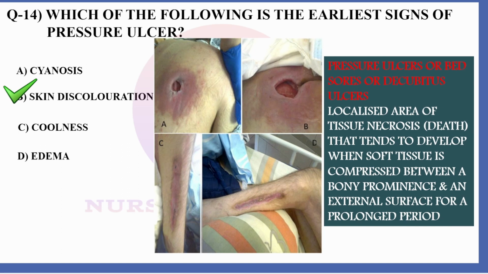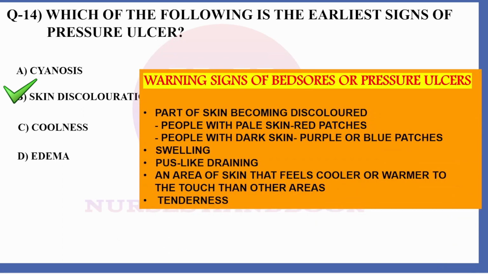So what are pressure ulcers? They are localized areas of tissue necrosis which develop when the soft tissue is compressed between a bony prominence and an external surface for a prolonged period. We have some warning signs of bed sores, that is, the part of skin becomes discolored.